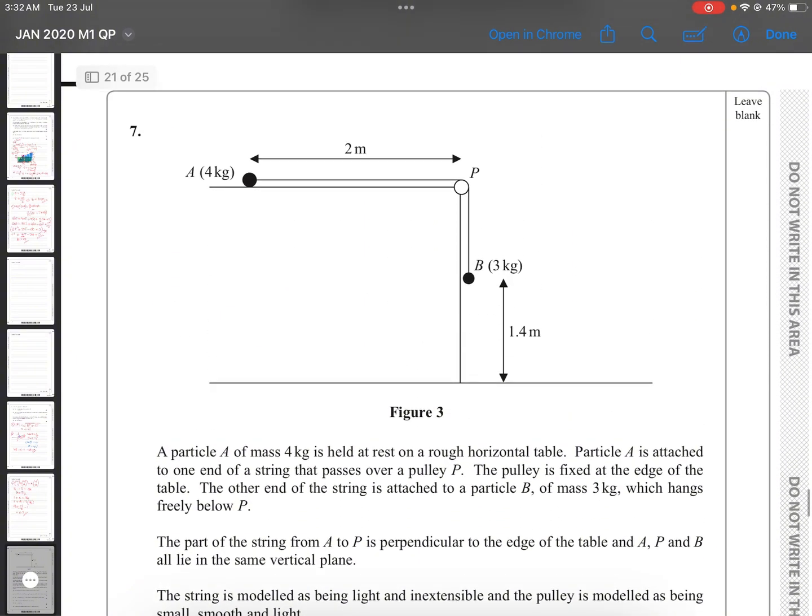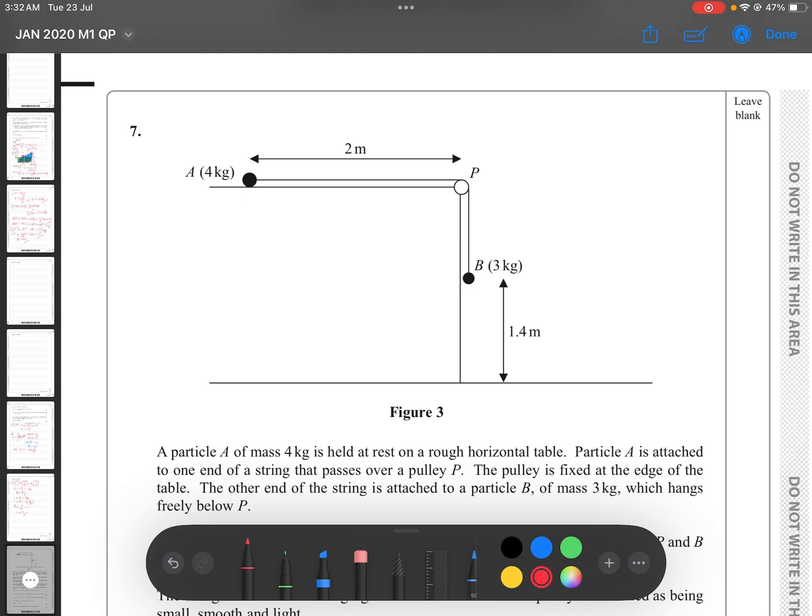So let's draw again the stuff which we need. There is going to be a tension acting T. There is going to be a tension acting T. There is weight of ball B, that is going to be 3g. There is going to be weight of A acting down, 4g.